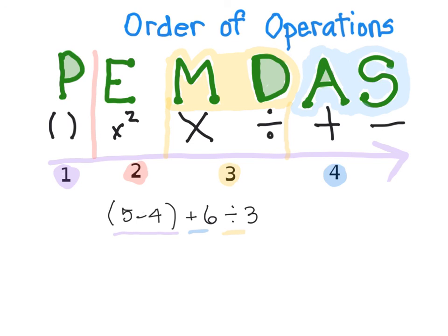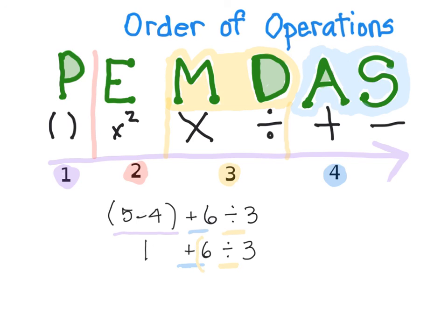First we perform the operation in the parentheses to get a 1, and then we bring down our 6 and divide it by 3. From here, we can see, according to PEMDAS order of operations, we're going to have to do the division first, and then after that, do the addition, even though it's not in that order when we read from left to right.